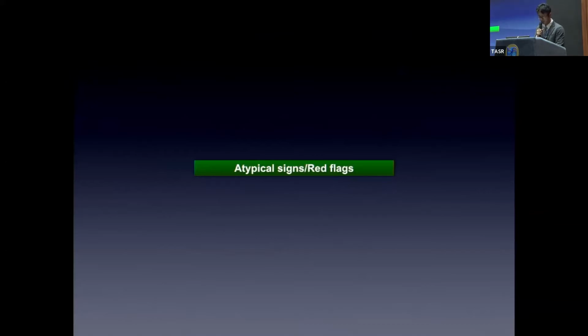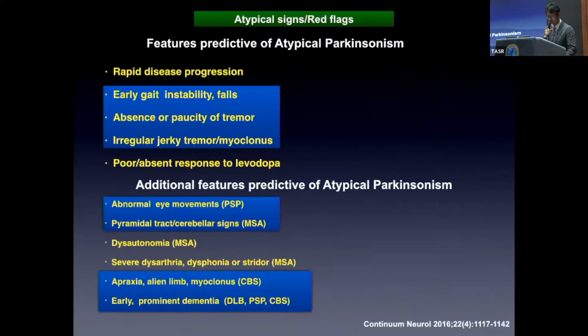Okay, we move on to atypical signs and red flags. So features predictive of atypical Parkinsonism, the ones highlighted in blue, are most of the time the ones that we need to examine. So we look for gait instability and falls early. Absence or paucity of tremor, irregular jerky tremor or myoclonus, which you have seen.